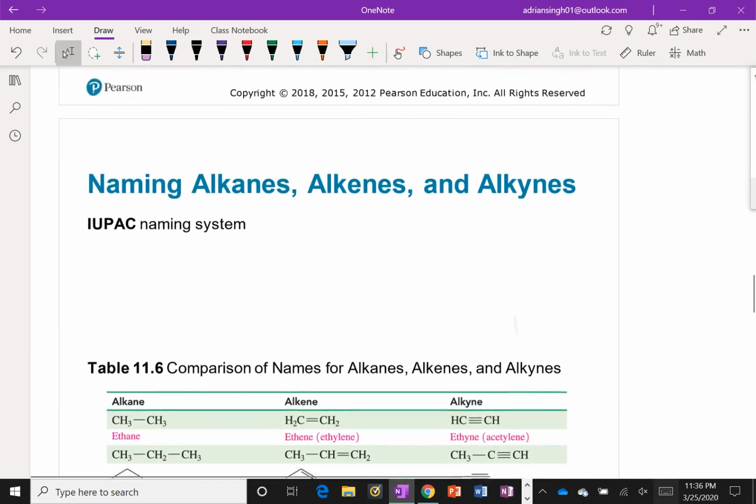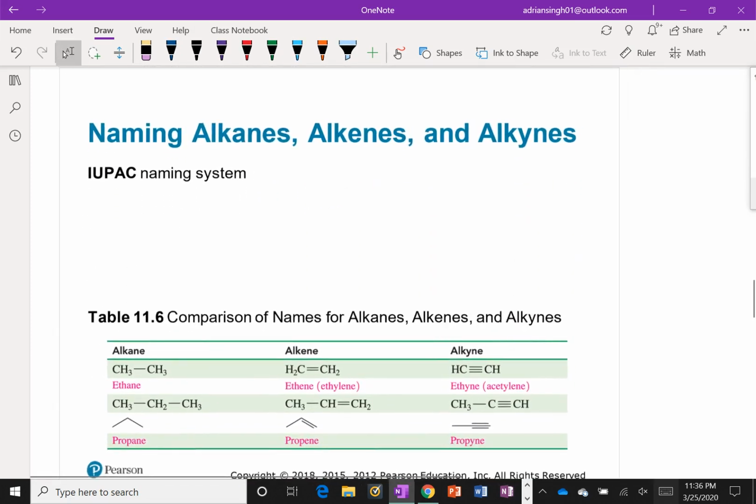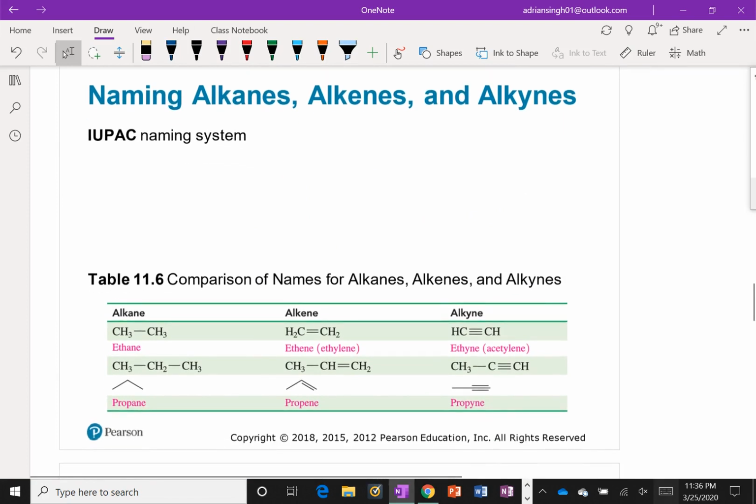All right, so let's take a closer look now at how we name the alkenes and the alkynes. And we're going to see some similarities between the naming system for the alkanes as compared to the alkenes and the alkynes.